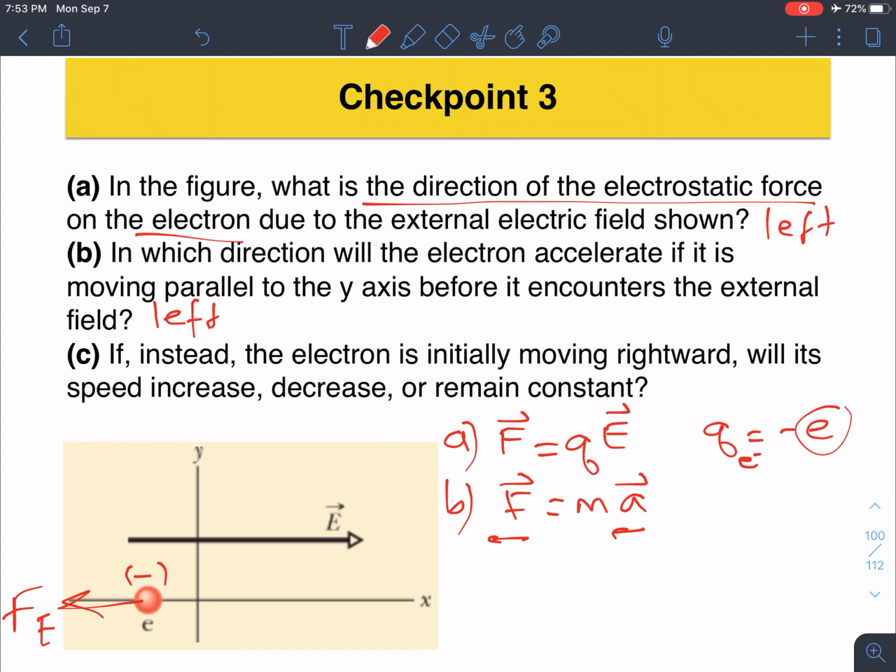And if instead the electron is initially moving rightward, will its speed increase, decrease, or remain constant? So which one would happen? If it was initially moving rightward, so before it started entering here, let's say it was moving with speed to the right, and then it entered this electric field region. It feels a force which is to the left, right?